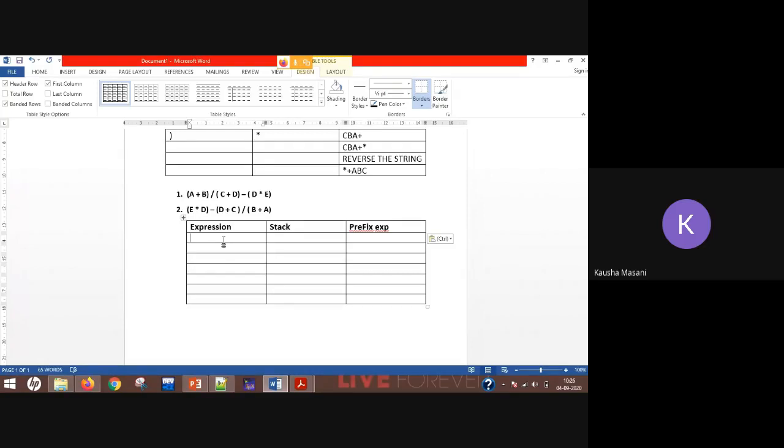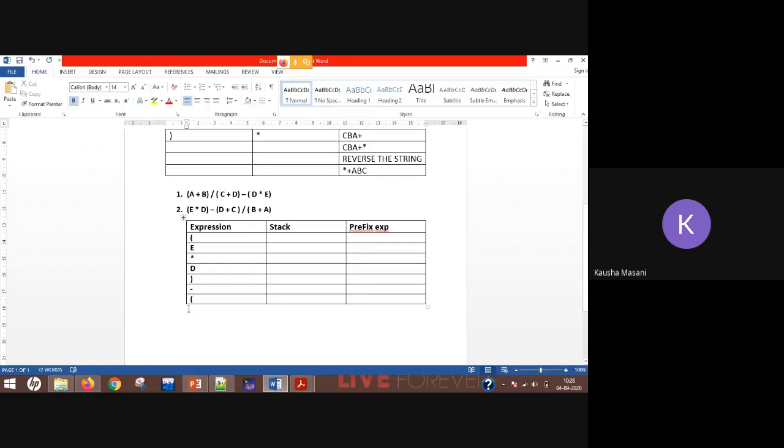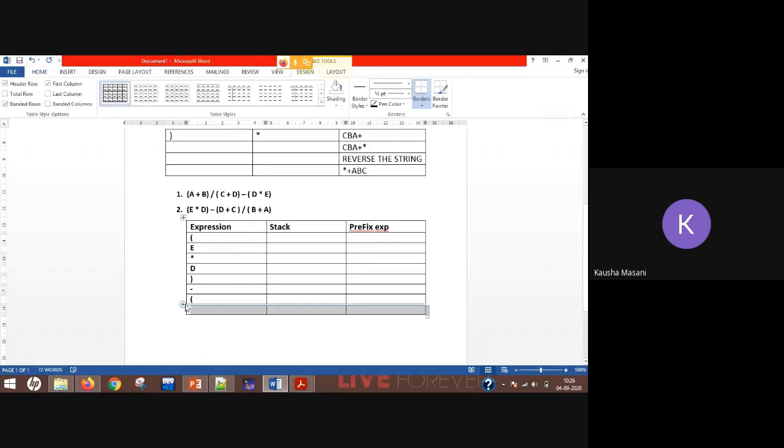So you can either write it like this if you are okay after converting the reverse format. So E, then star, then D bracket minus, again a bracket, D plus C bracket divide bracket B plus A bracket.